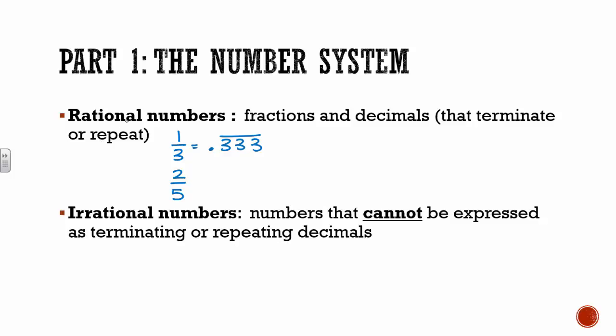And sometimes it doesn't repeat the same thing over and over again. Like if you had 1, 2, 3, 1, 2, 3, 1, 2, 3 over and over again, that is also a rational number. Or something like 2/5 is just 0.4. If you type that in your calculator, it stops at 0.4. And it's not because your calculator didn't want to put anything else. It's because 2 divided by 5 is 0.4. And that's it. There is no more.